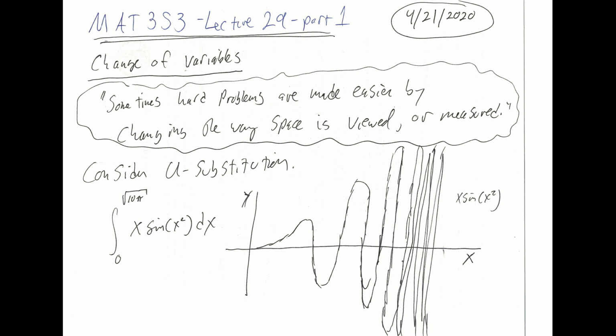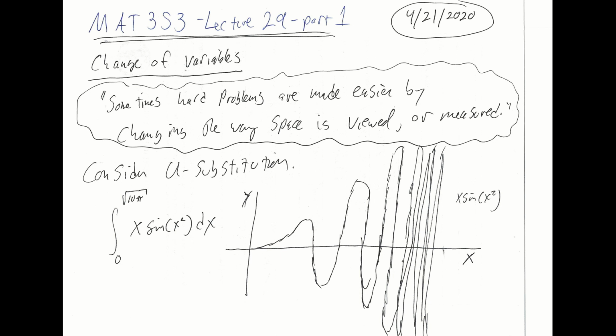So you take an unruly looking integral like the one shown here at the bottom. This is the integral of x sine of x squared. So the fact that we have this sine of x squared means that the sine function is going to start to oscillate faster and faster as x increases. Sine sees space not as the x-axis, but as the square of the x-axis.